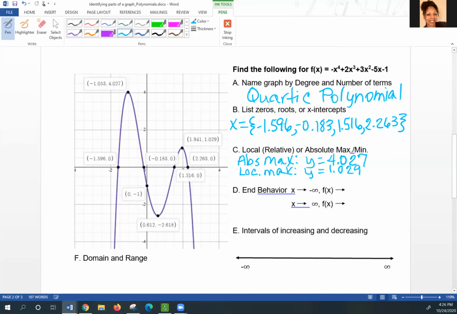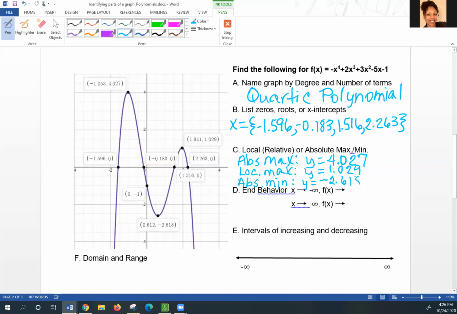Now if I'm looking for my minimum, I only have one, so it can be either local or absolute. We're just going to use absolute. Absolute minimum means the lowest point on the y-axis that my graph will go towards. Y is equal to negative 2.618.